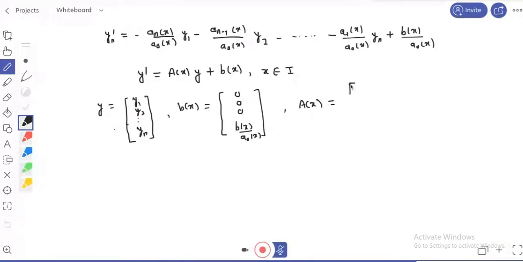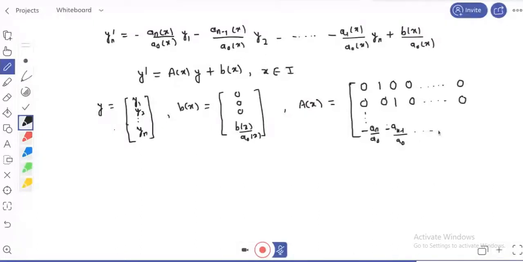So A(x) equals this matrix: the first row is 0, 1, 0, 0; then 0, 0, 1, 0, and similarly the last row is, first one minus a_n over a0, second minus a_(n-1) over a0, and the last term minus a1 over a0.